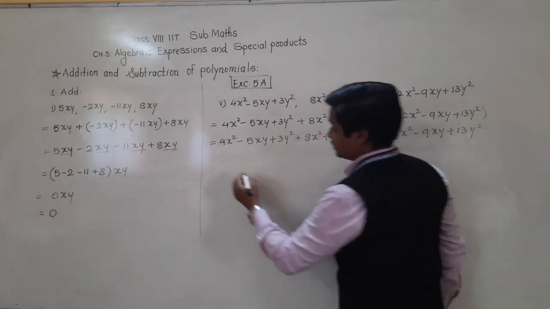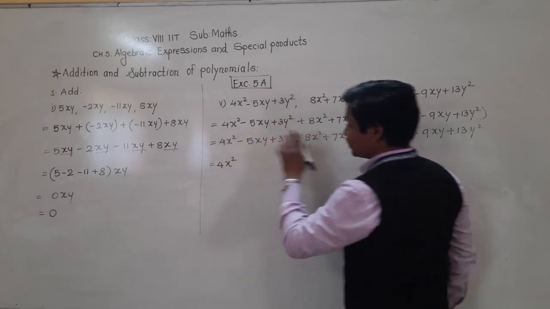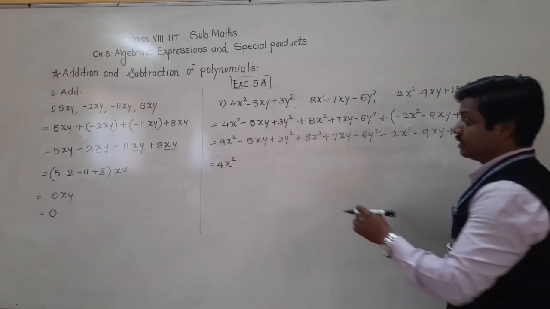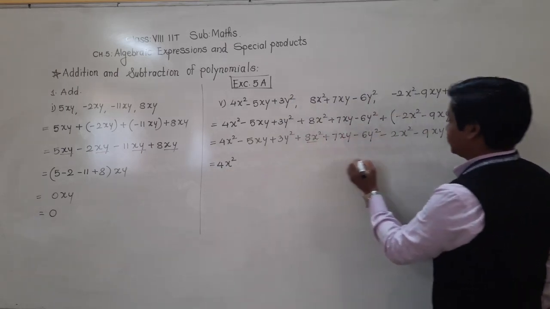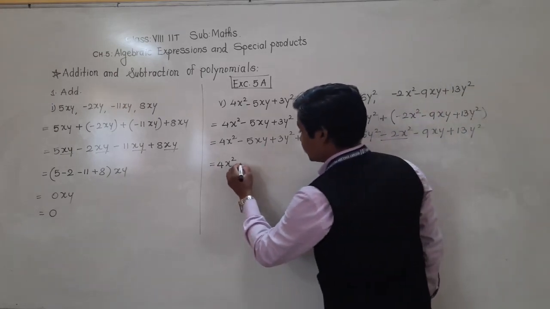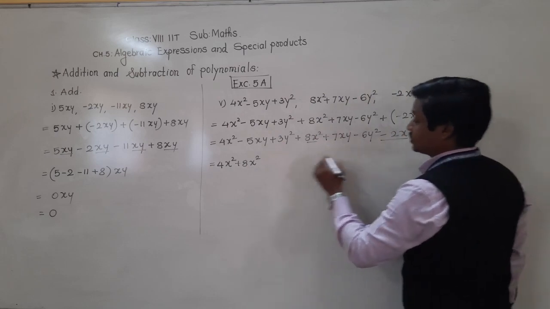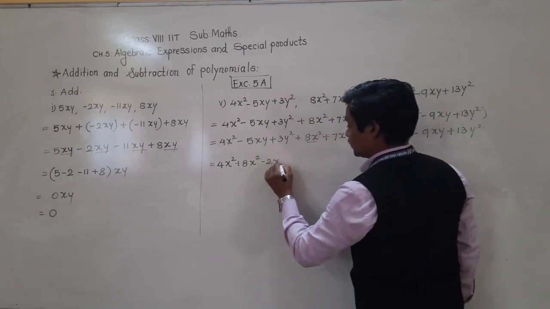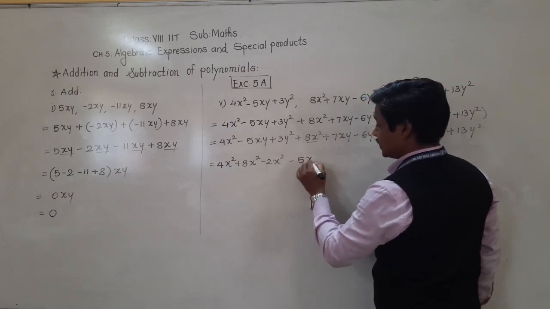Okay, so see here, 4x square. Which are other terms having literal coefficient x square? See this 8x square minus 2x square. Okay, so take them together, plus 8x square and minus 2x square. Then second, minus 5xy.